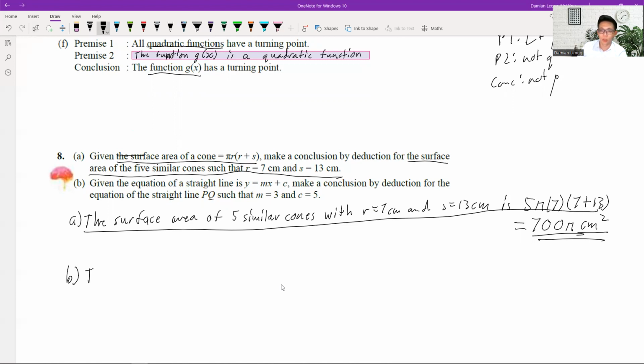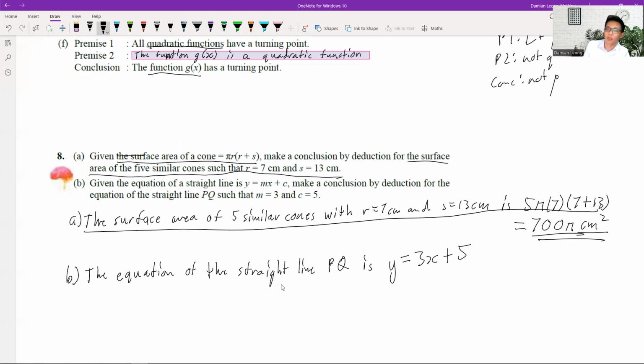So the equation of the straight line PQ is y equals, just put the m, 3x plus c. C is 5, so plus 5. That's it.